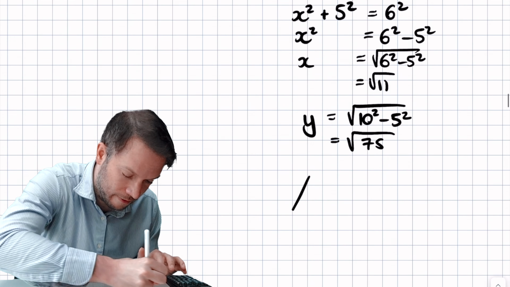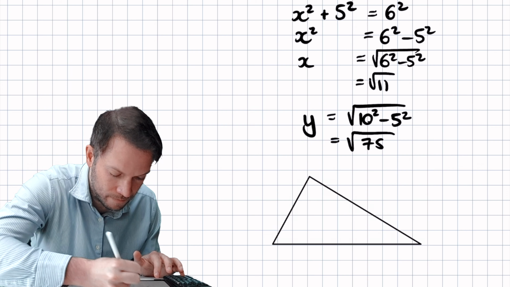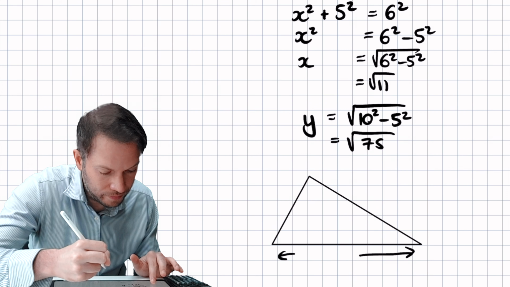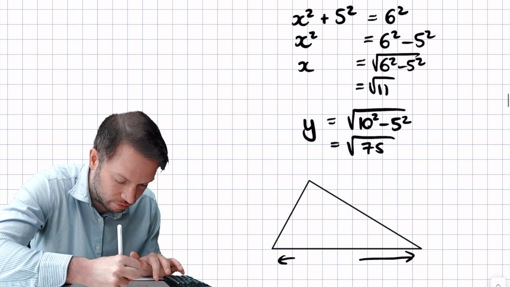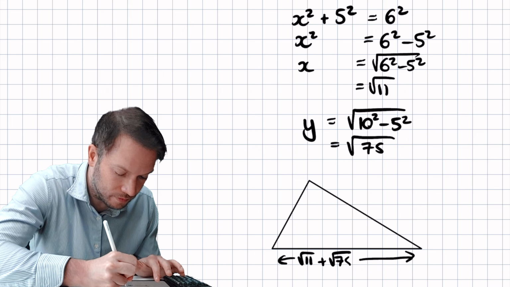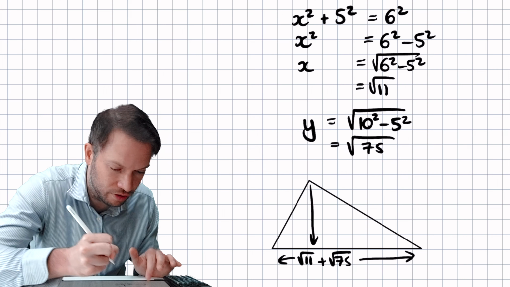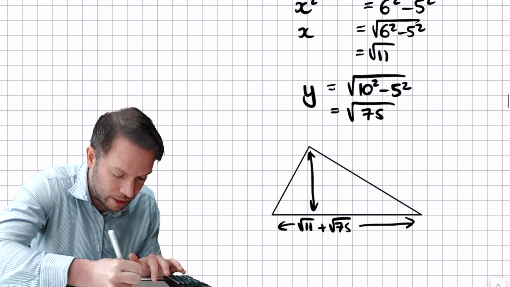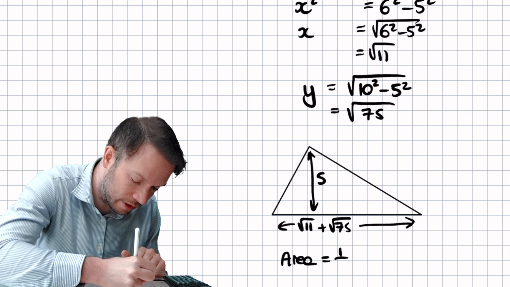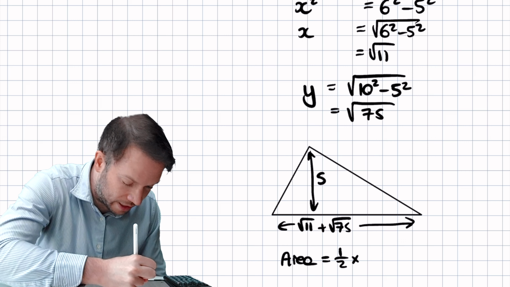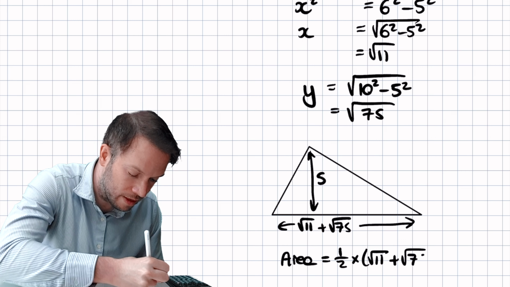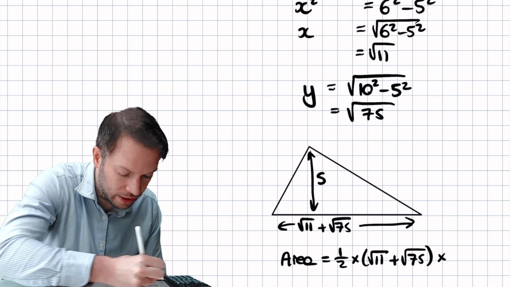If I just draw it again, we've got this length here is, well, it's x plus y, which is root 11 plus root 75. You could have done these as decimals. And the height, the perpendicular height of the triangle, we already knew is 5. And therefore the area is going to be half times the base, which is root 11 plus root 75, times the height, which is 5.